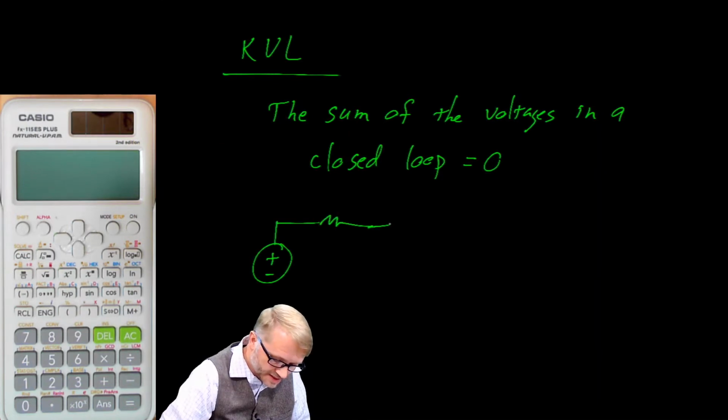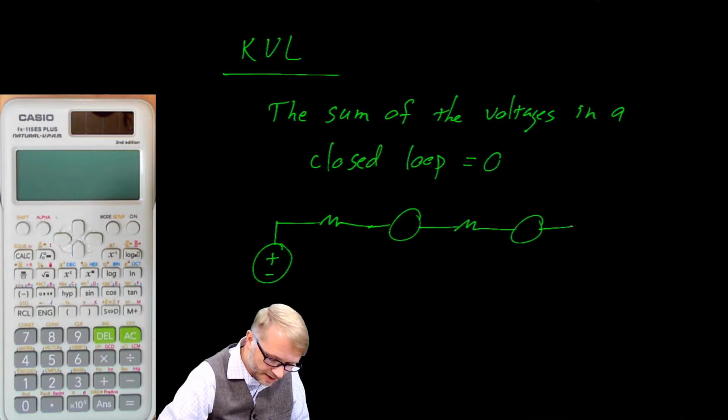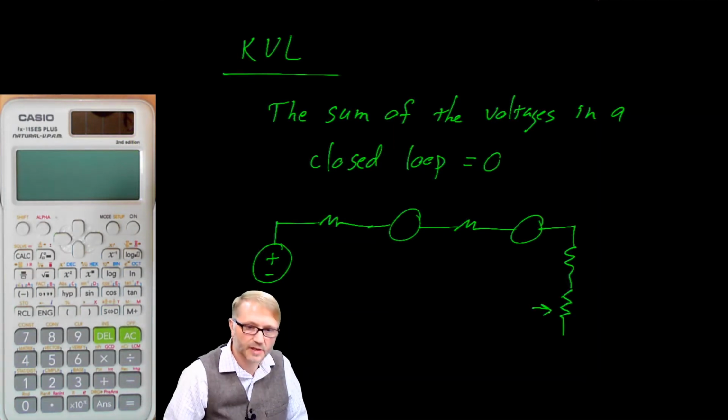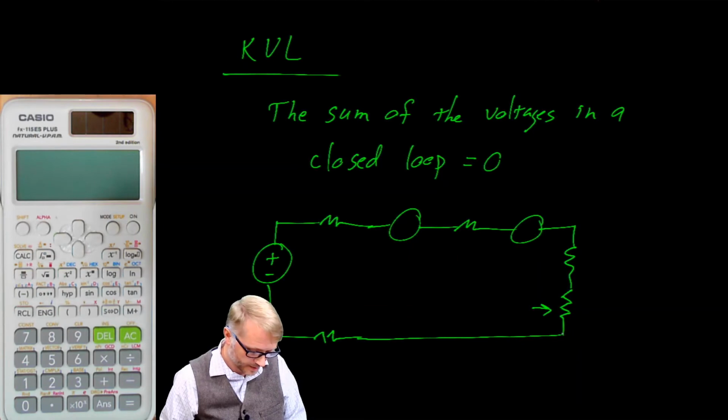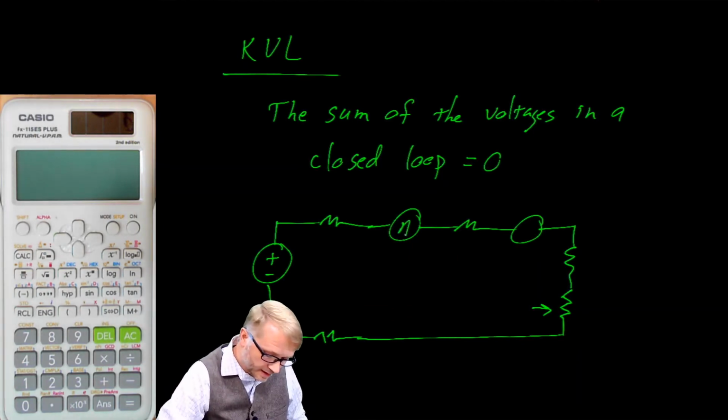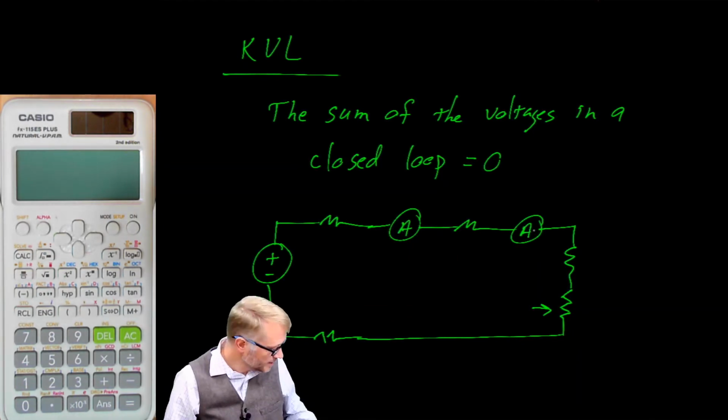We had a resistor, a current meter, a resistor, a current meter, a resistor, that large rheostat, remember that's the variable one with the slider that would move back and forth, and one more resistor, like so. And again, that was an ammeter, and that was an ammeter.